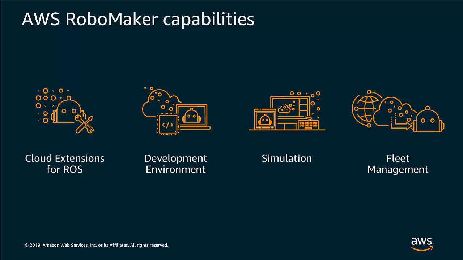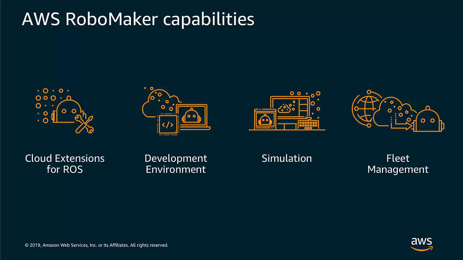So with these issues in mind, we put together 4 independent but interconnected offerings which make up the AWS RoboMaker capabilities. The first are our cloud extensions for ROS, where we're exposing AWS services directly in the ROS ecosystem.